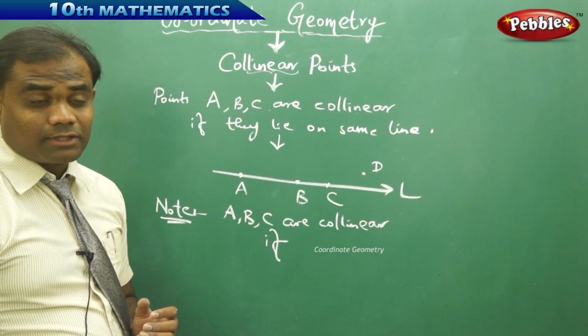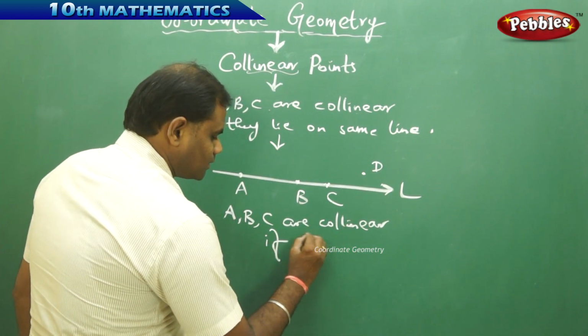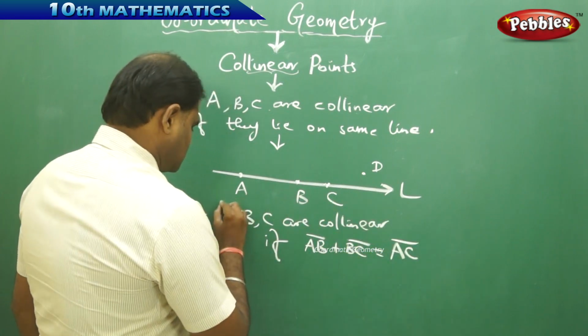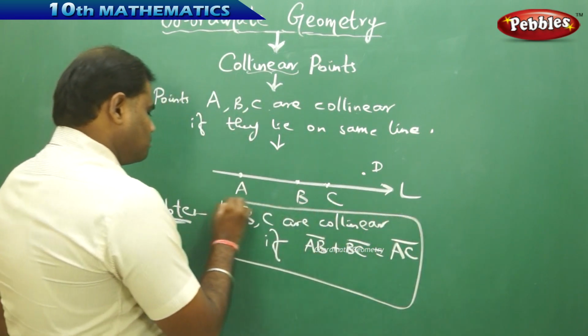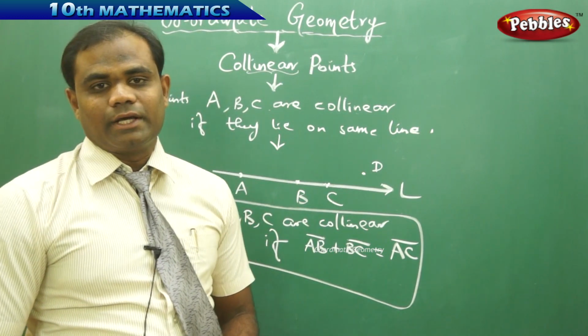So when I connect this with the distance, A, B, C are collinear if AB plus BC equals AC, an important formula I take in solving problems related to collinearity.